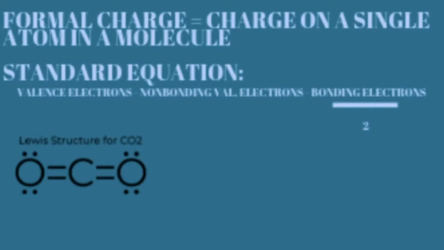So what we're going to do is look at this Lewis dot structure of carbon dioxide, and figure out the formal charge of each of the atoms in it. So let's take a look at this oxygen right here on the left. The number of valence electrons of oxygen is 6, as it is in group 6 on the periodic table, and the number of non-bonding electrons is 4, because we have 2 lone pairs, and that gives us 2.